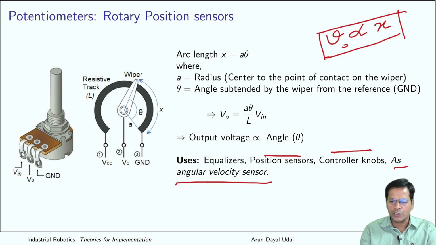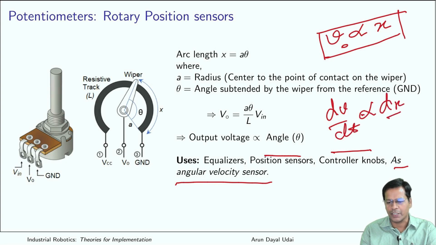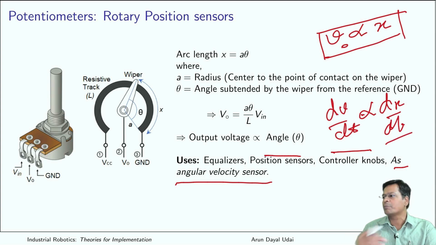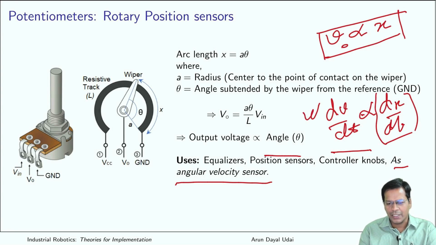Voltage output is proportional to displacement, so rate of change of voltage is also proportional to rate of change of displacement. Got it? So this is what we will be using to find out the velocity. If somehow we can measure rate of change of voltage, we are done and we can find out the velocity also. So that is the first principle that we will be using later on.